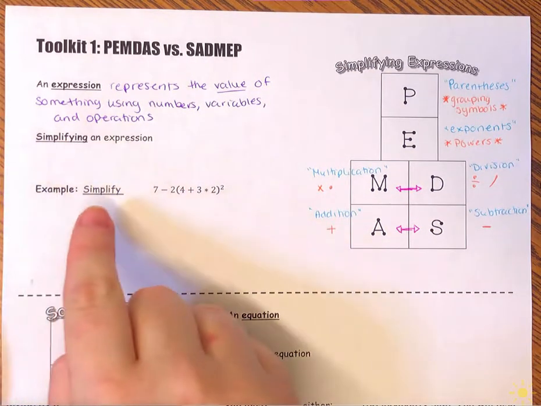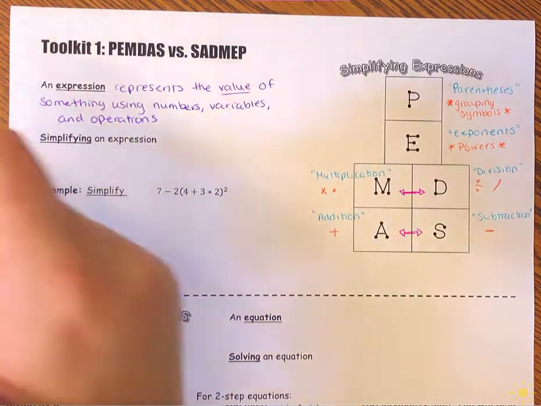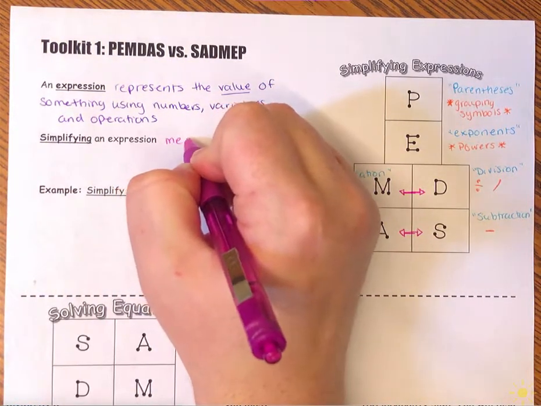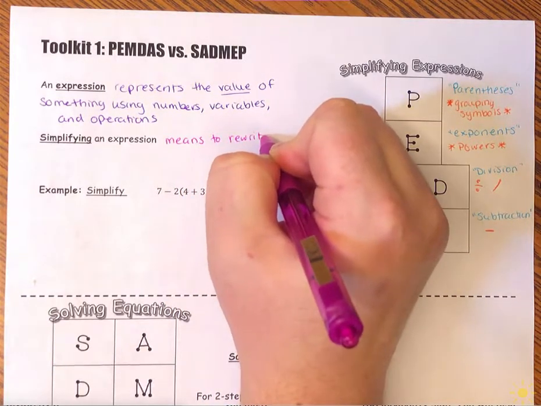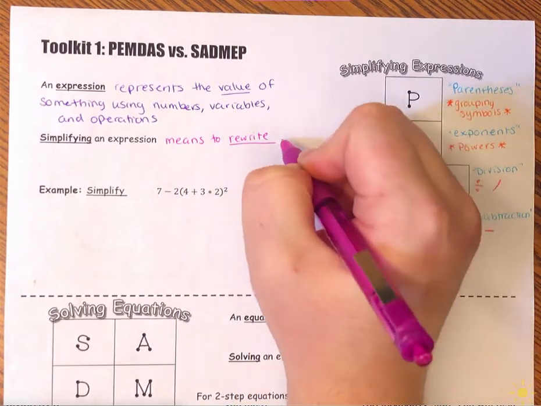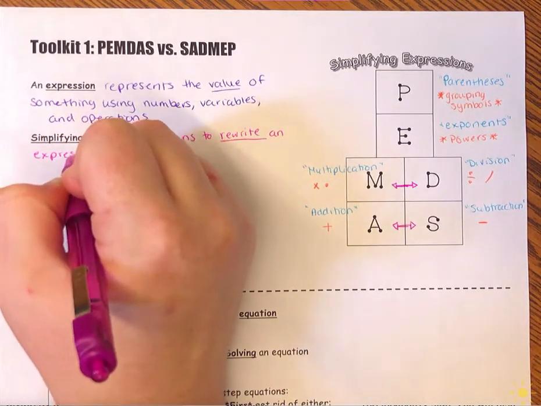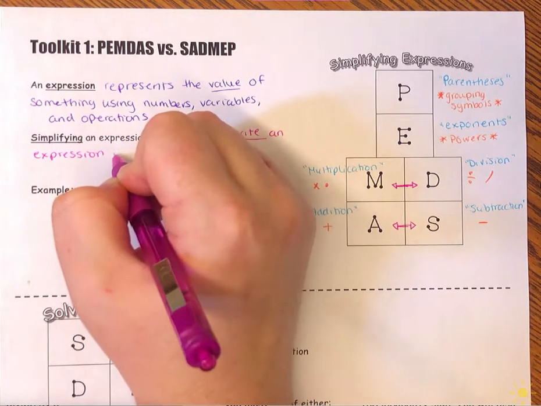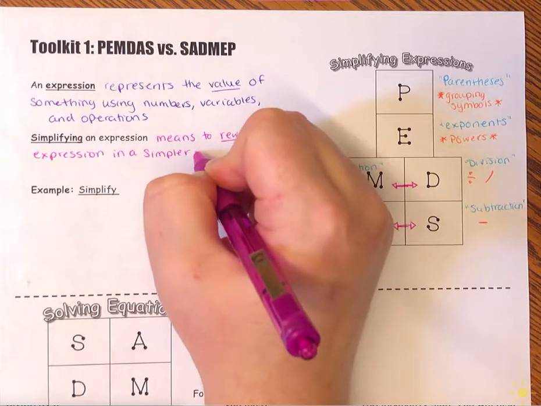So when it's asking you to simplify an expression, to simplify an expression means to rewrite. So we're going to rewrite an expression in a simpler way.